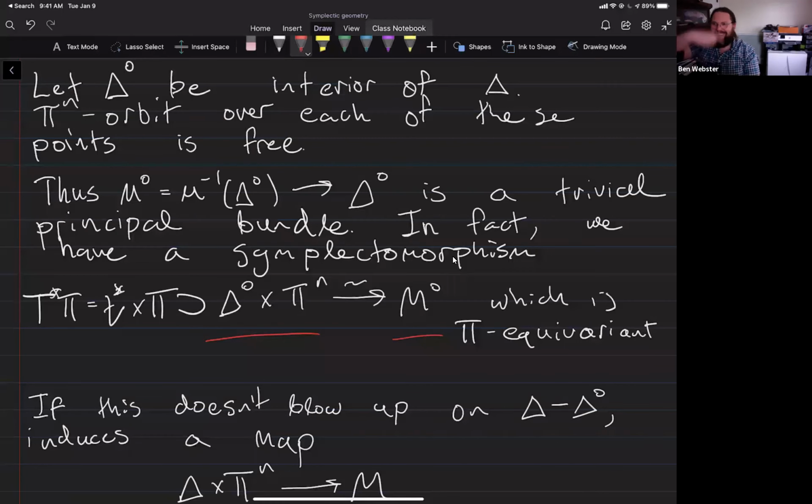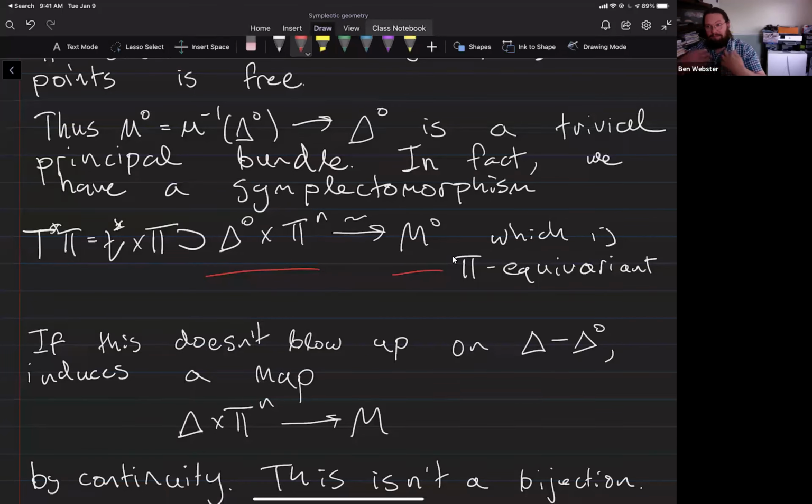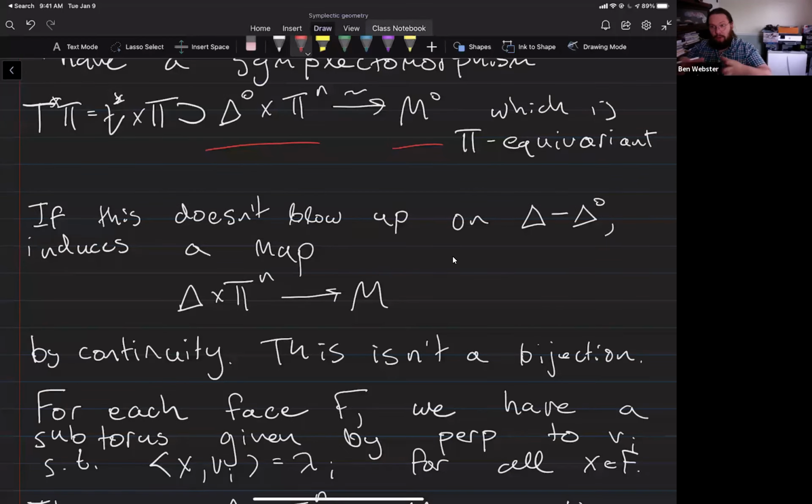And I don't want to start doing one really fast where I don't end up with a good limit as I go to the boundary. So I'm being a little vague here, but if I choose this in a good way so it doesn't blow up on the boundary of the polytope, then I'm going to get an induced map from the closure of the polytope times the torus to my symplectic toric manifold, just extending by continuity.